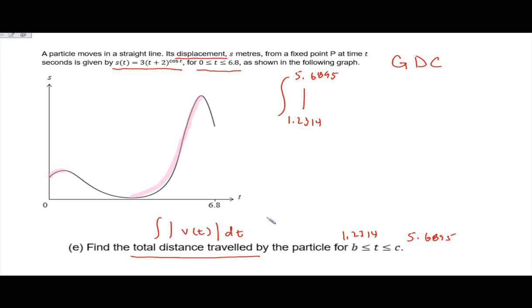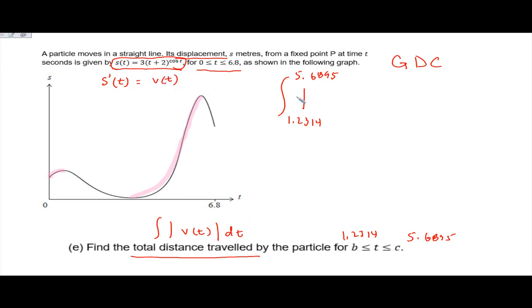Now here's the tricky part. We don't have the velocity function. We have the displacement function. But remember, if you take the derivative of displacement, that's going to equal velocity.